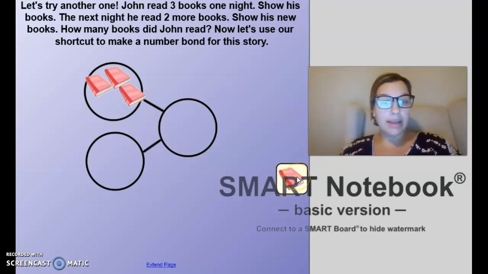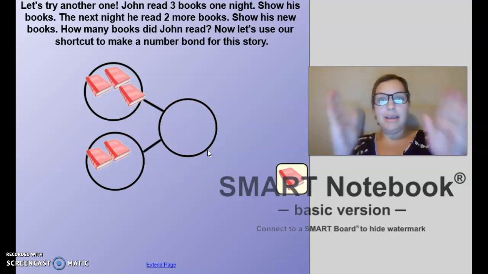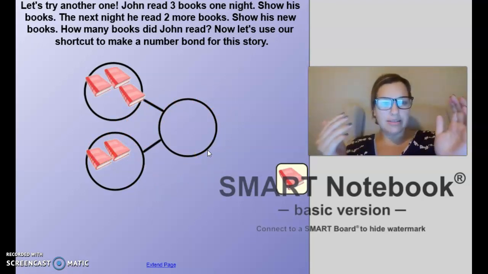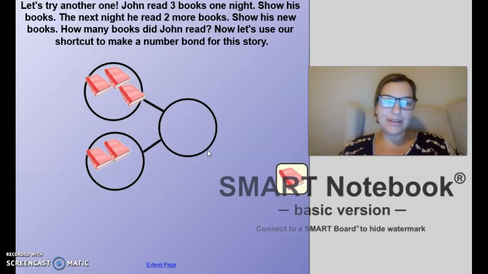Then he read 2 more the next night. So 1, 2. And to figure out how many he read all together, or my whole, am I going to add them together or subtract? I'm going to add together.